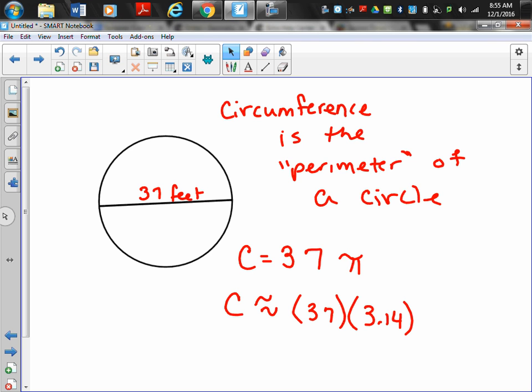So approximately how much fencing do I need? Say it again, Paul. 116.18. So I need approximately 116.18 feet of fencing.